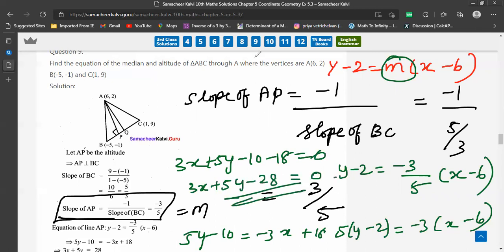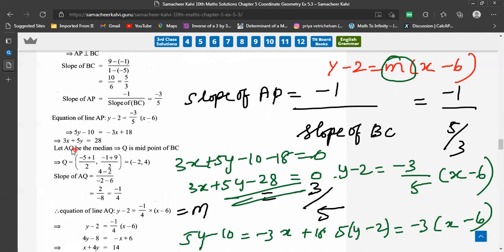So this is your line equation. Can you follow this? Yeah. So 3x plus y is equal to 28.